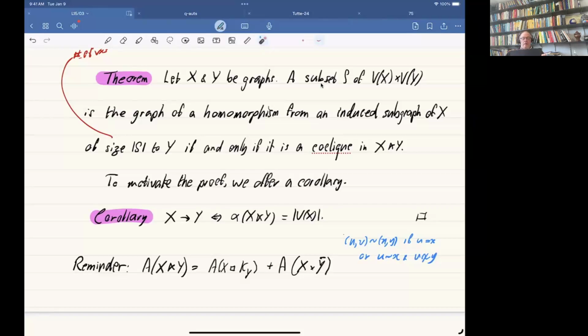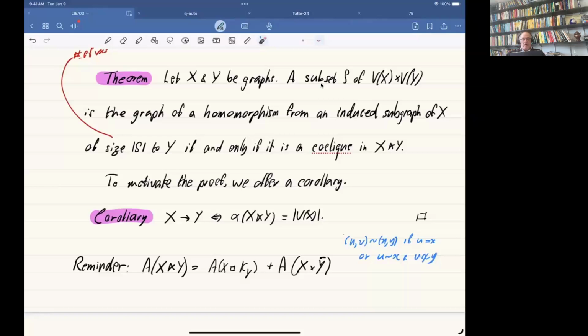The corollary of the proof is that there's a homomorphism from X to Y if and only if the size of the largest co-clique in the homomorphic product of X and Y equals the number of vertices in X. If you take Y to be K_n, that's the result I mentioned earlier.